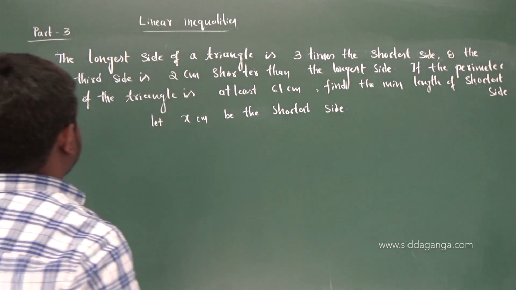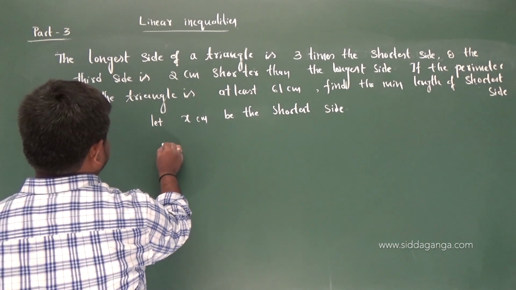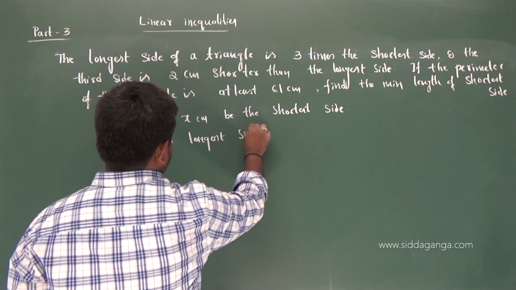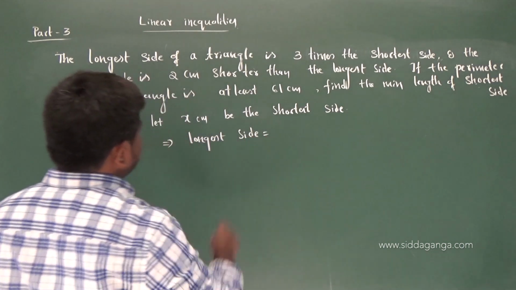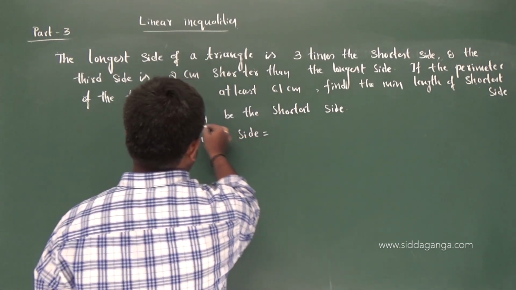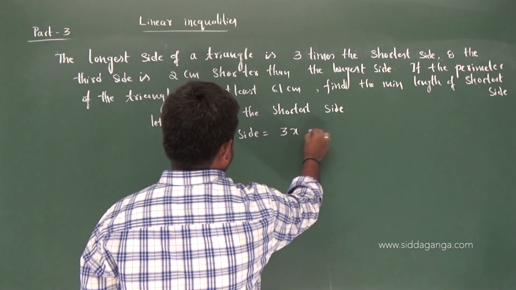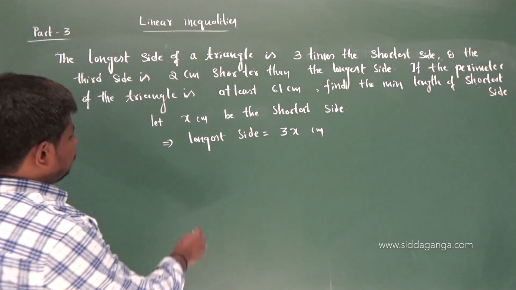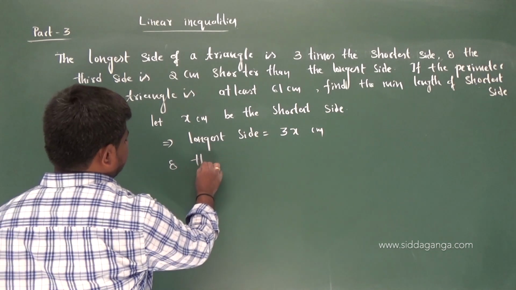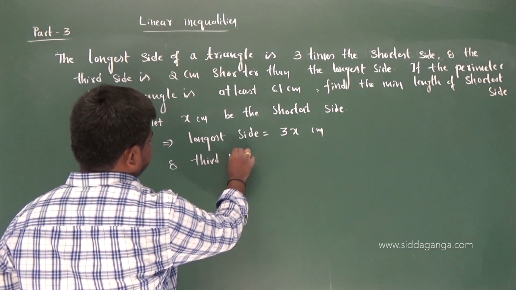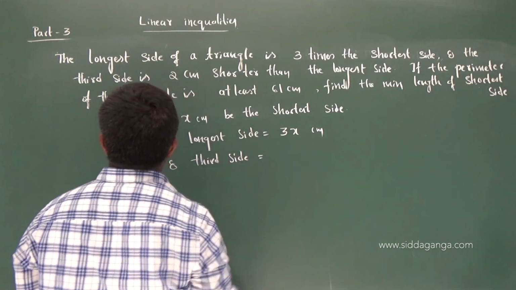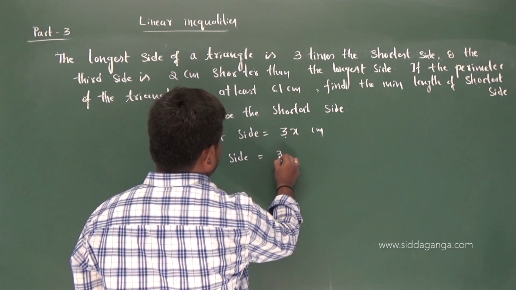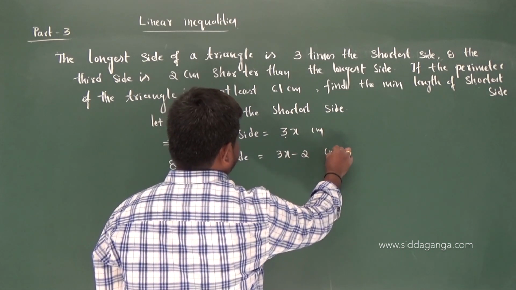Now your longest side becomes what? 3 times the shortest side. So the shortest side is x, so triple of x, 3x centimeters. And the third side becomes 2 centimeters shorter than the longest, so 3x minus 2 centimeters.